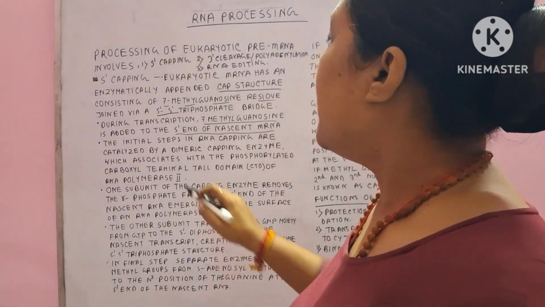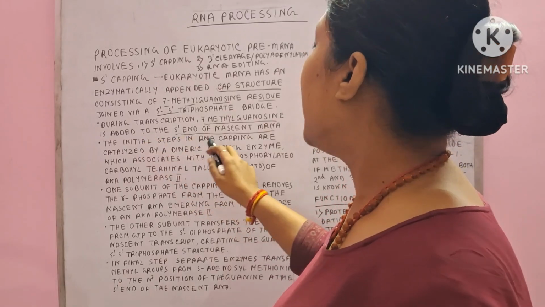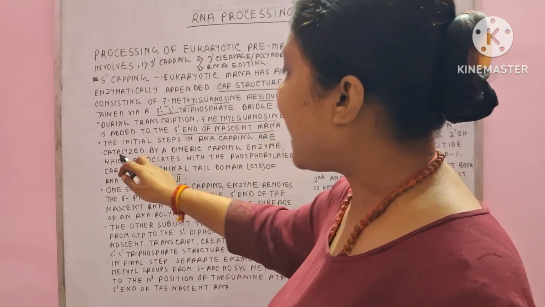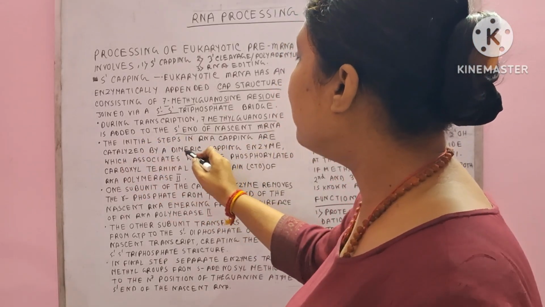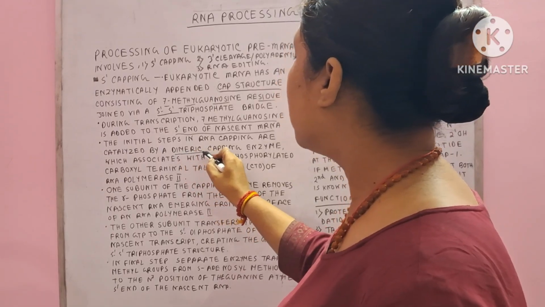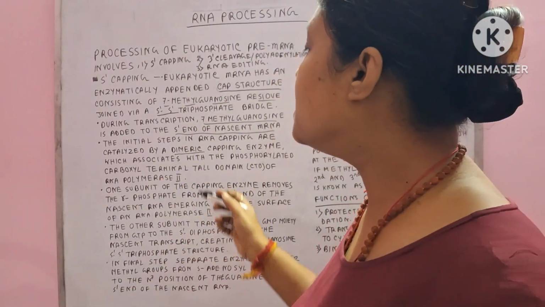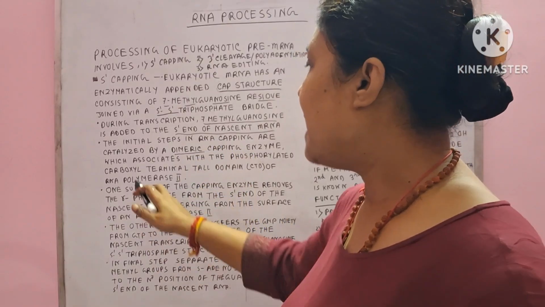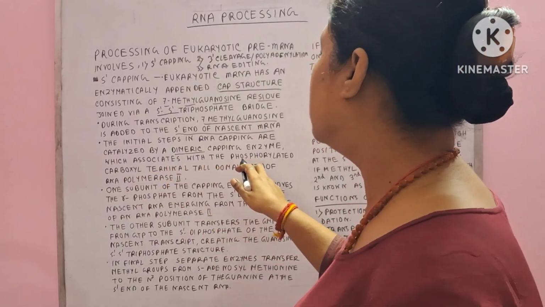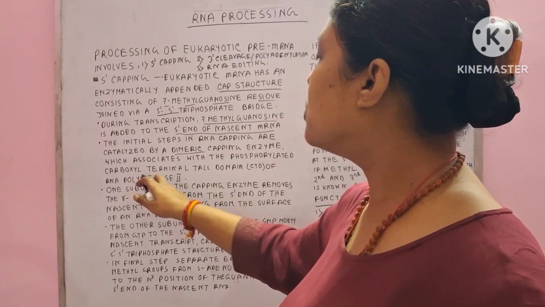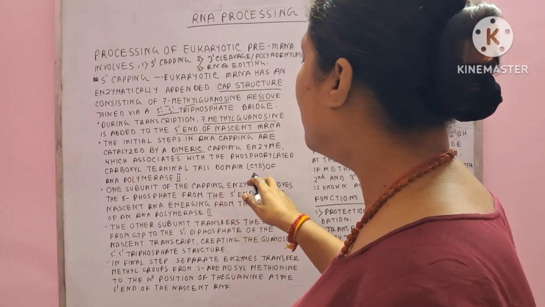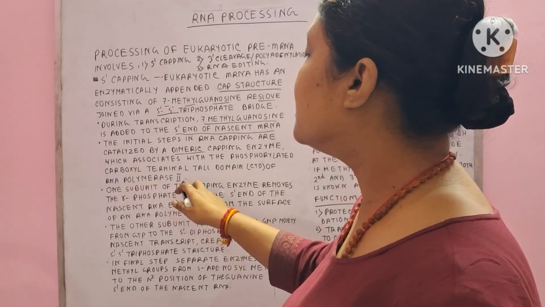Okay, and the first step is that RNA capping is catalyzed by a dimeric capping enzyme. This capping process is catalyzed by one enzyme which is dimeric in nature, and that is associated with the phosphorylated carboxyl terminal tail domain of RNA polymerase II.